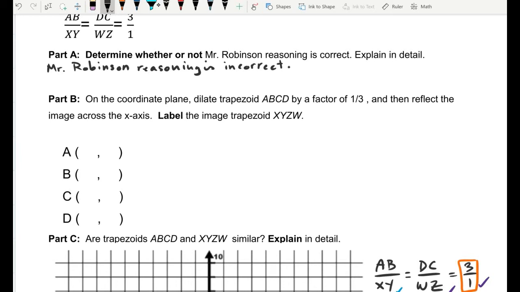Explain in detail. So we're going to say because the trapezoids don't follow the same scale factor.